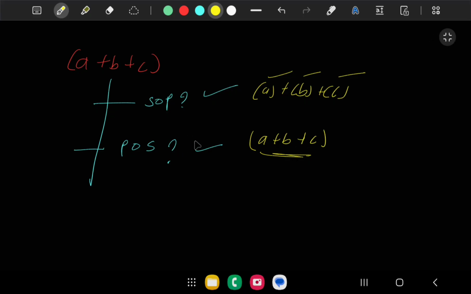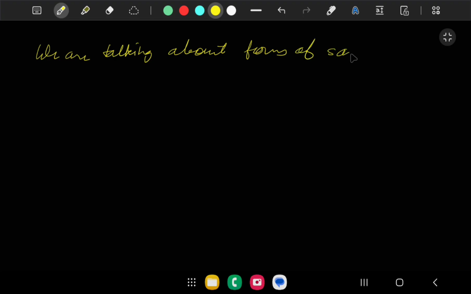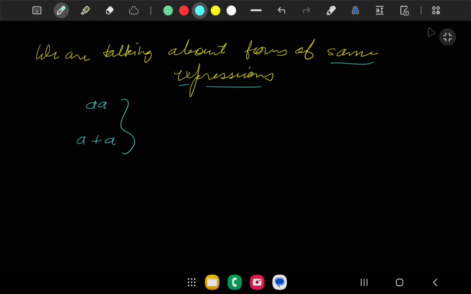We are talking about forms. Forms of expression. Talking about forms of the same expression. This and this expression are the same but in different forms.